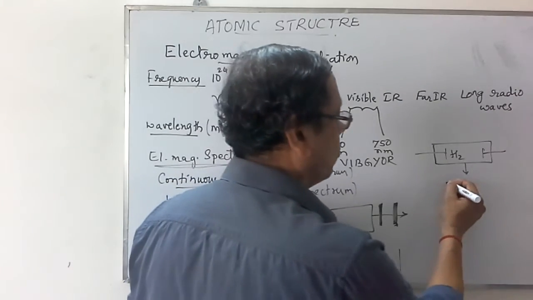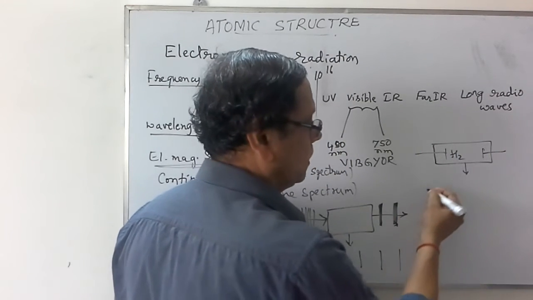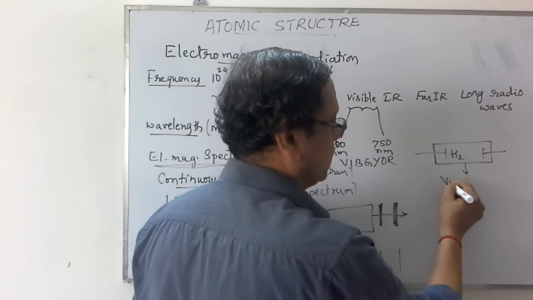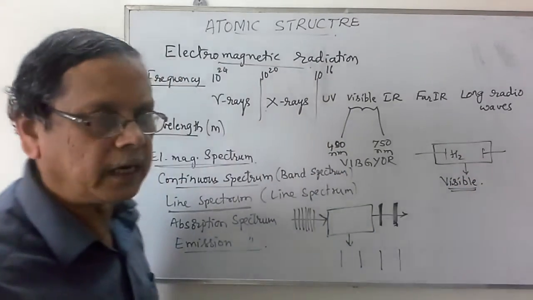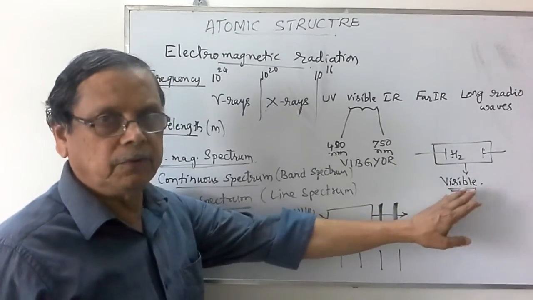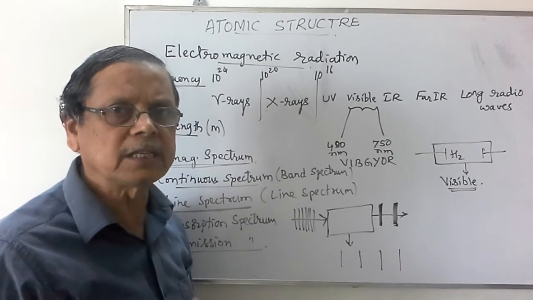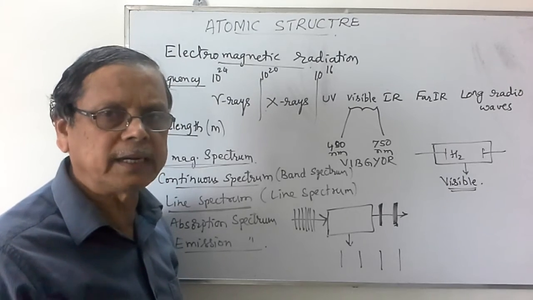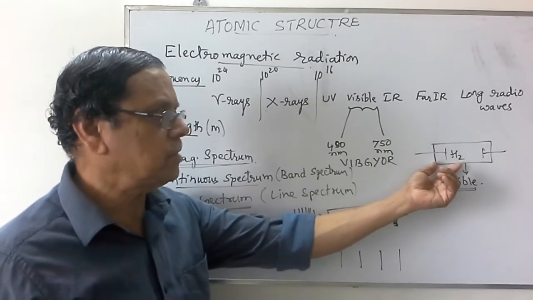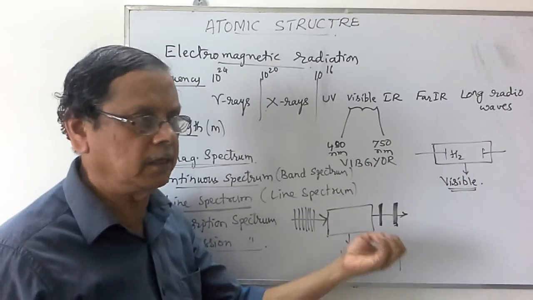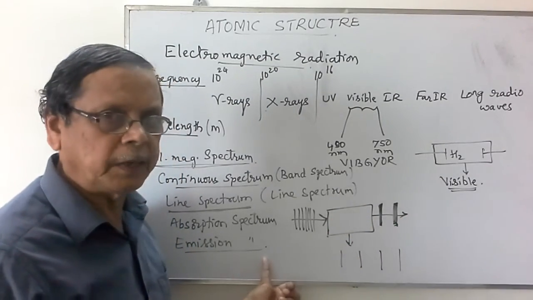So those four lines, which we observe in the form of this emission spectrum, appear in the visible region, with wavelengths varying from about 639 nanometer to 410 nanometer. I will write the values afterwards. Anyhow, when hydrogen is subjected to discharge in a tube, we observe the emission spectrum.